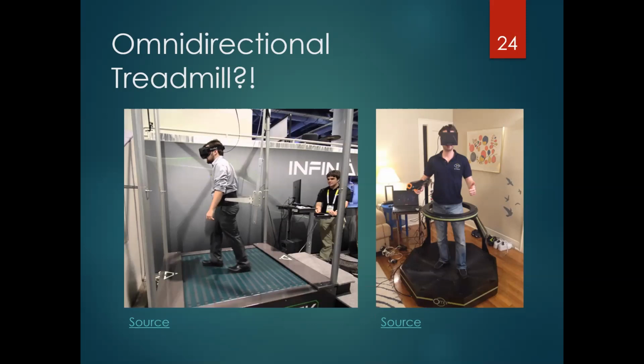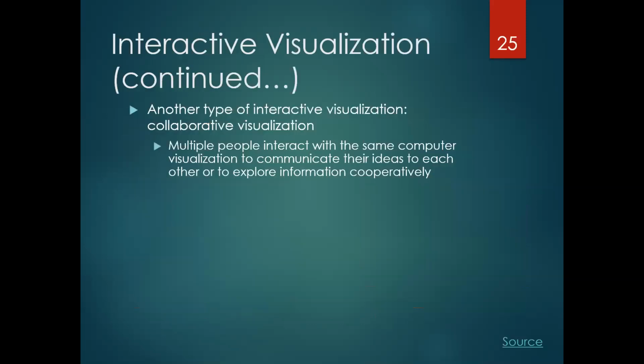So interactive maps as a part of interactive visualization is only the tip of an iceberg. What we use here in geography, in GIS, is just a small part of interactive visualization.